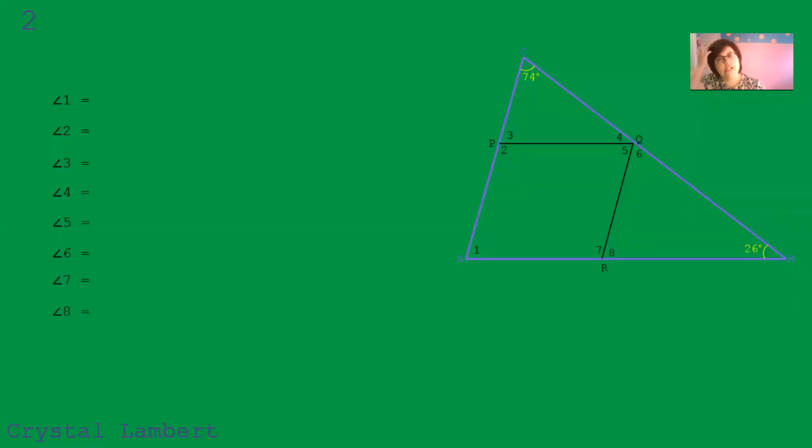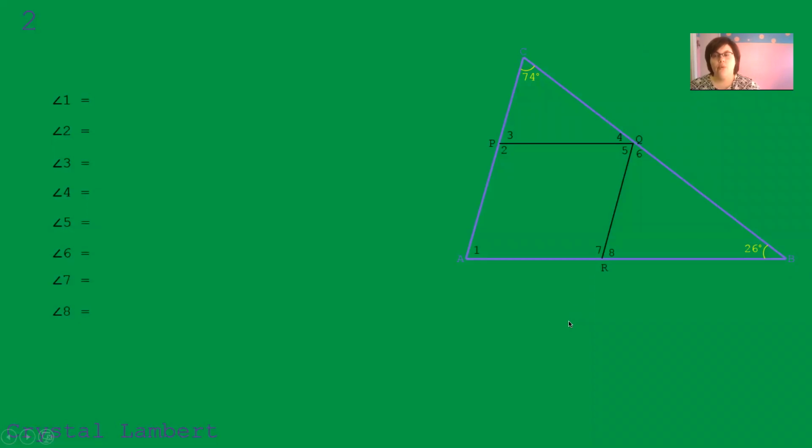Now, we're looking at this large triangle. I tried to make it so that you could visually notice things first. The first thing I would notice is this large triangle. And what we know is in a large triangle, the sum of all three interior angles is going to be equal to 180 degrees.